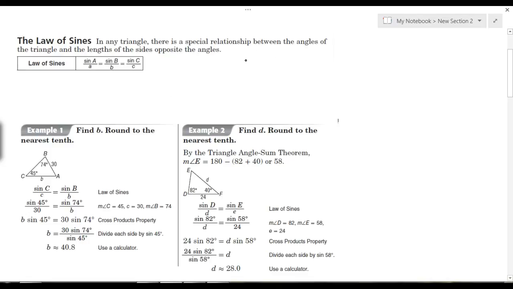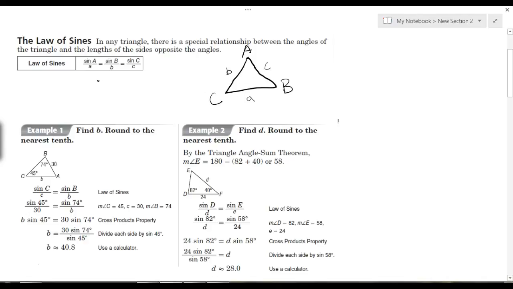So recall that if we have a triangle and it's labeled ABC, its label comes from the vertices, the corners, and the side across gets the lowercase letter of the angle that's opposite.